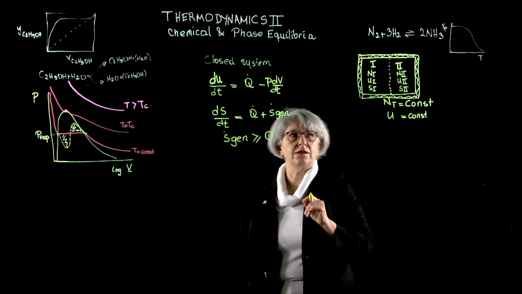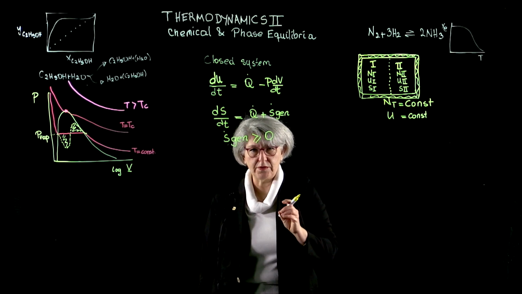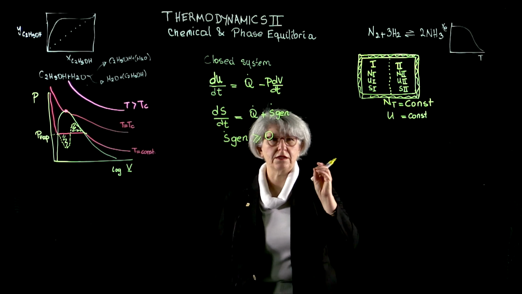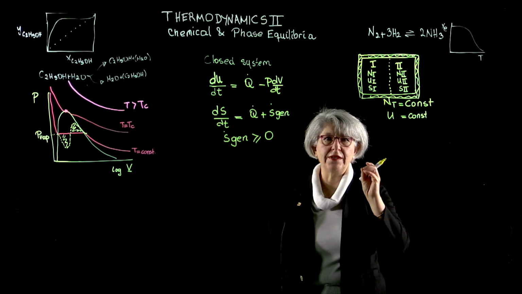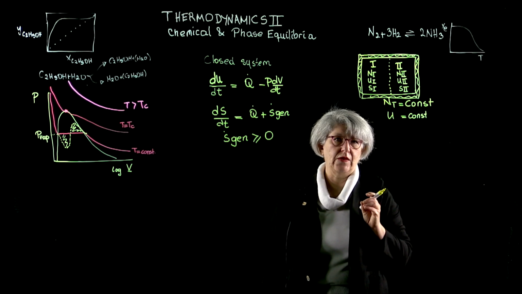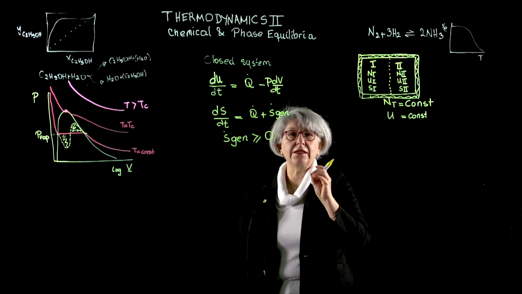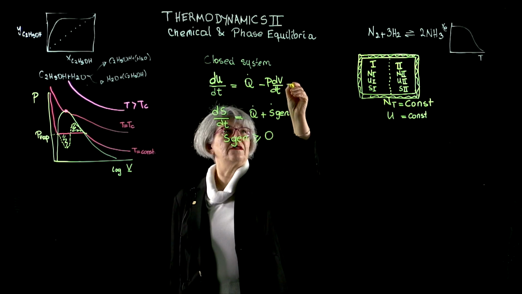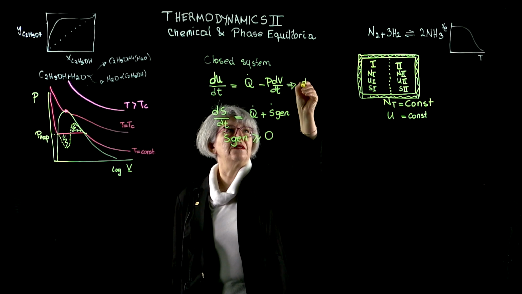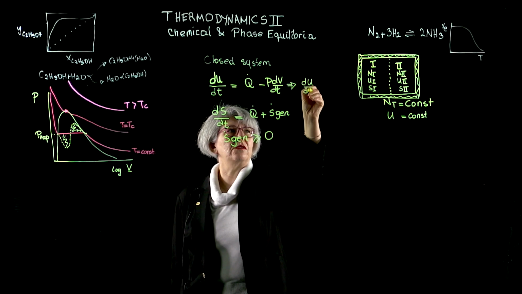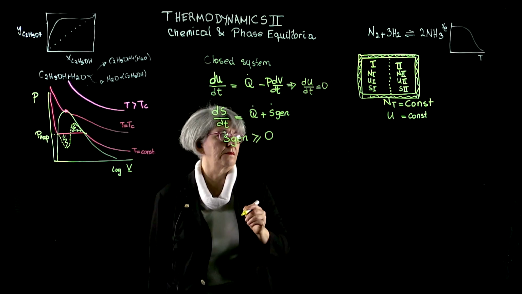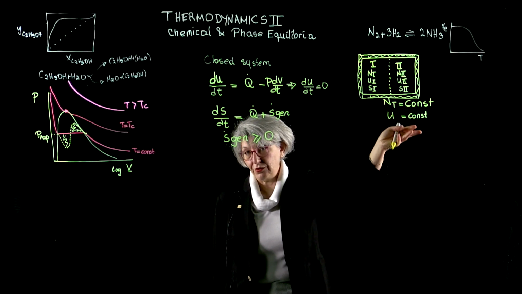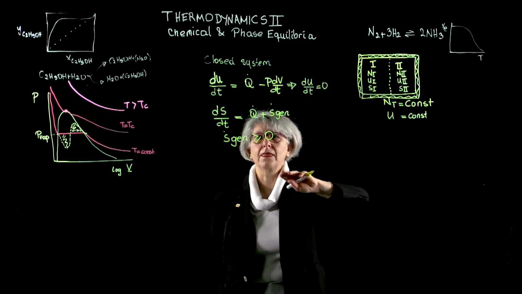So this system is evolving towards equilibrium under constant volume and no heat exchange constraint. As a result, we know that du over dt is equal to 0 in the system. Number of moles are constant, therefore dn over dt is equal to 0.